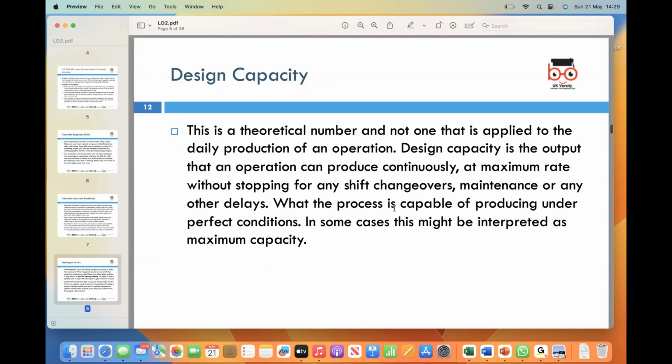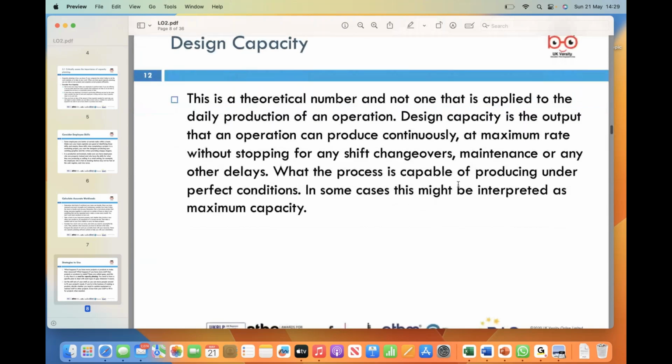It represents the highest level of production that the process is capable of achieving consistently and continuously, unlike the actual daily production, which considers real-world factors such as breaks, maintenance activities, and other operational limitations. Design capacity focuses on what the process can achieve in a perfect scenario.